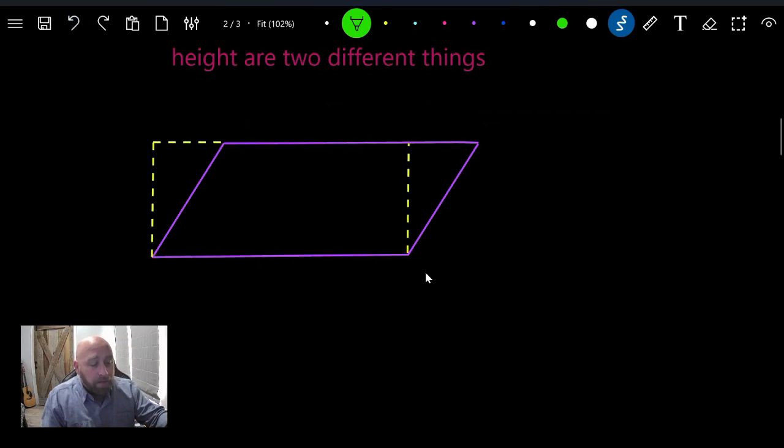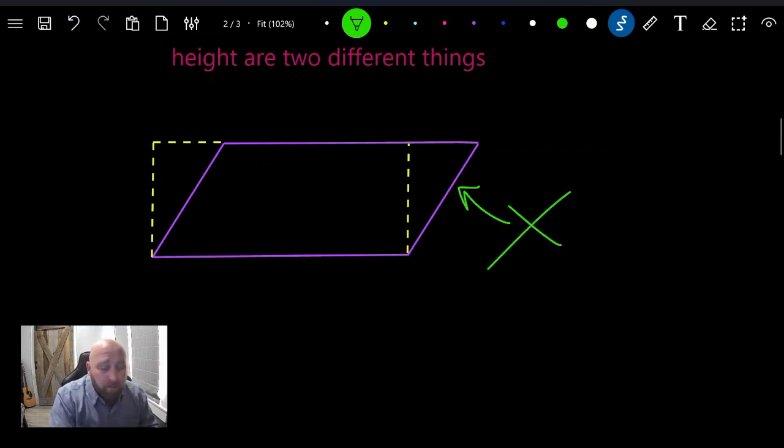So a parallelogram is really just a rectangle that's off-centered. Once you center it back up, once you square this up, once you make these 90-degree angles, so that's a 90-degree angle, that's a 90-degree angle, once you do that, it ends up being the same exact formula. This is the important thing. This is not the height.